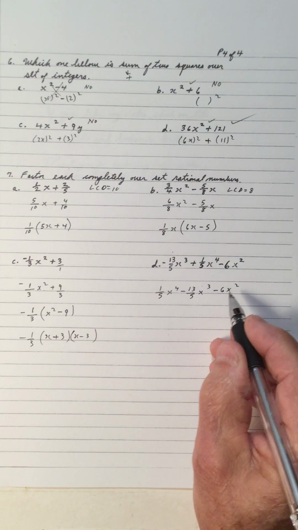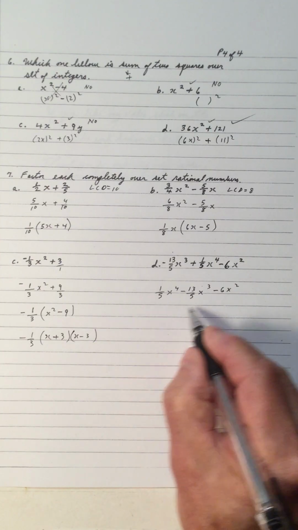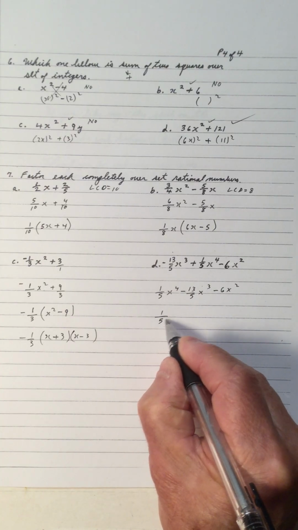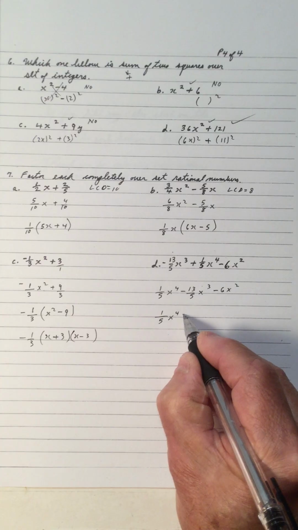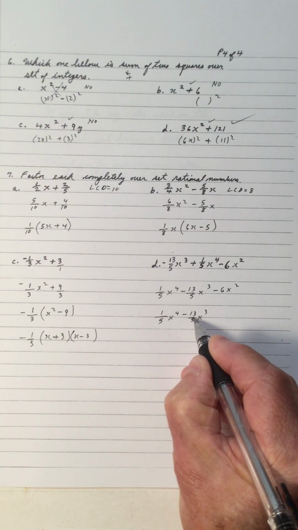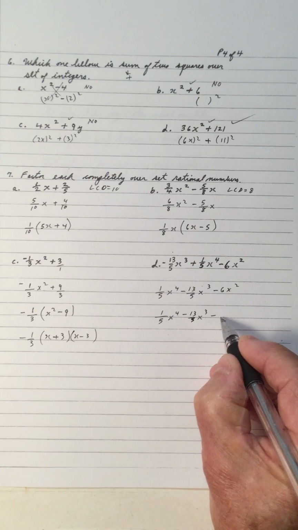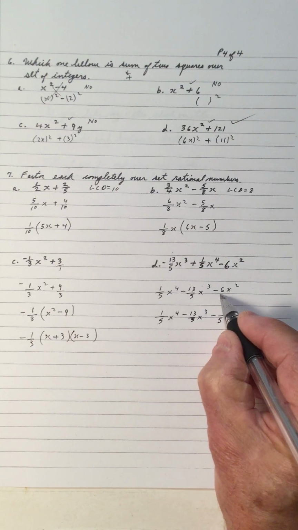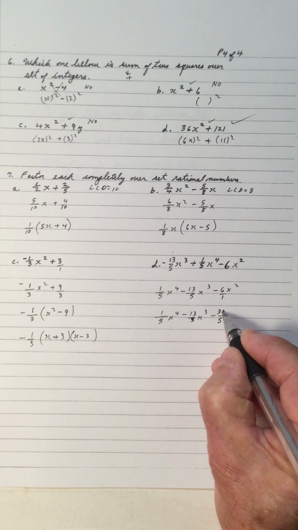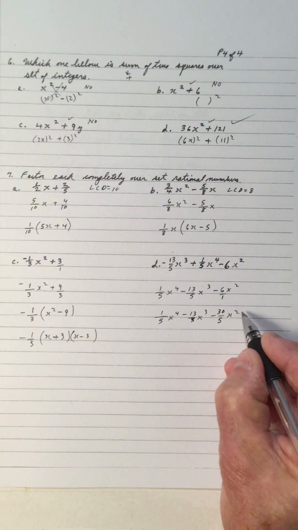So let's put them all over the same denominator. The LCD is 5. So we got 1/5 x to the 4th, 13 over 5 x cubed, and we got a 5 on the bottom. So 5 times 1 is 5, 5 times 6 is 30. So 30 over 5 is the same as 6.